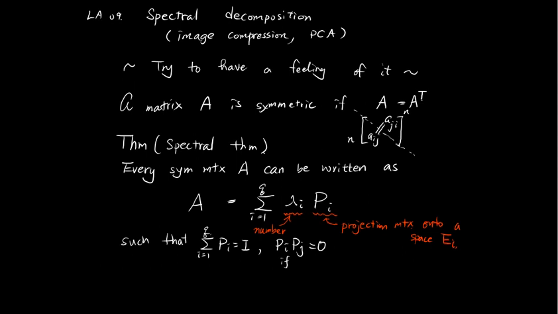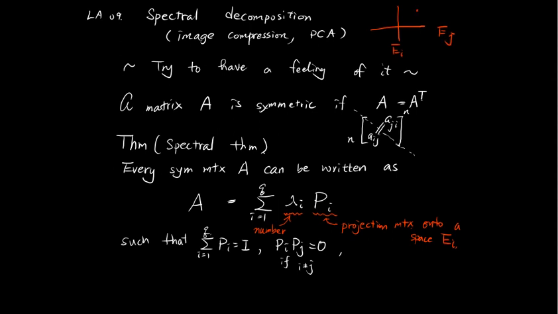If i and j are not the same, it means you are going to do the projection onto one space. Let me show you here. This is E_i, and there is an orthogonal space, which is E_j.